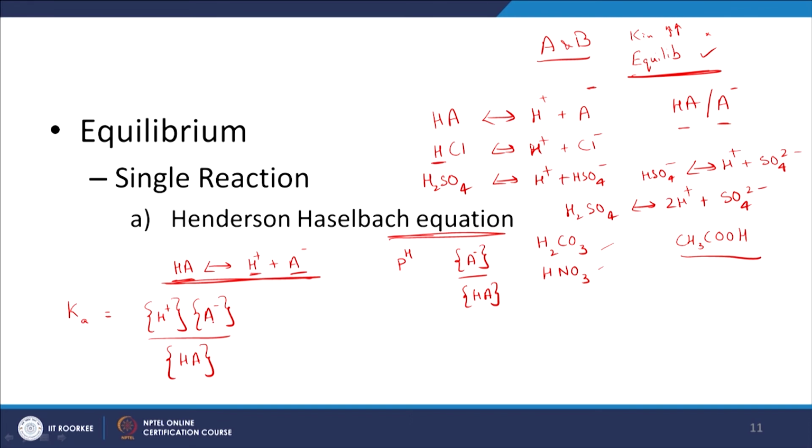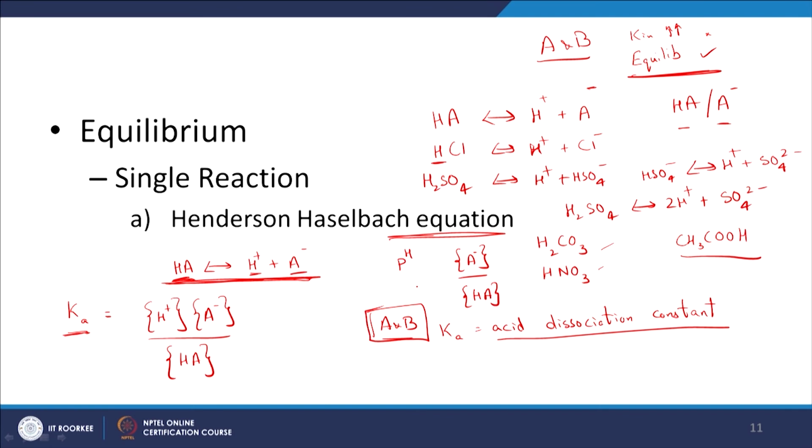This is the equilibrium constant, but for acid and base reactions we typically call the equilibrium constant the acid dissociation constant. You see that the acid is dissociating into H plus and A minus, so the relevant equilibrium constant is called the acid dissociation constant, a term we are going to use with respect to our acid and base systems.